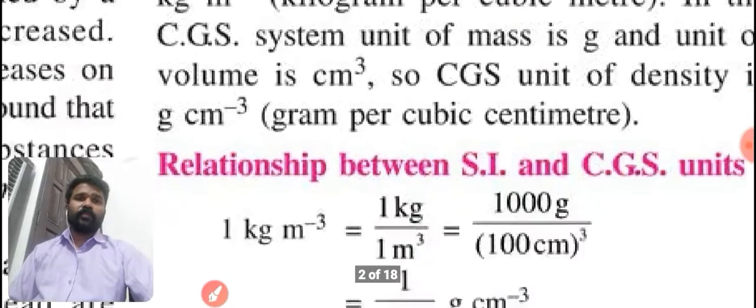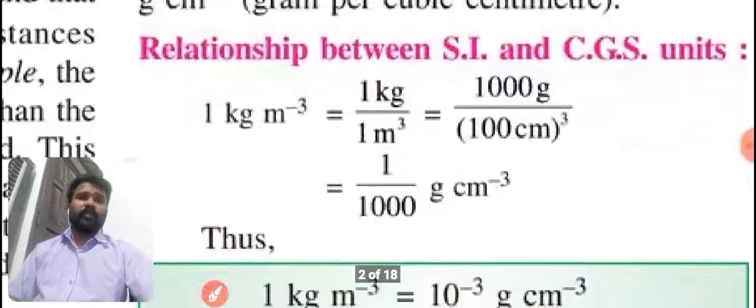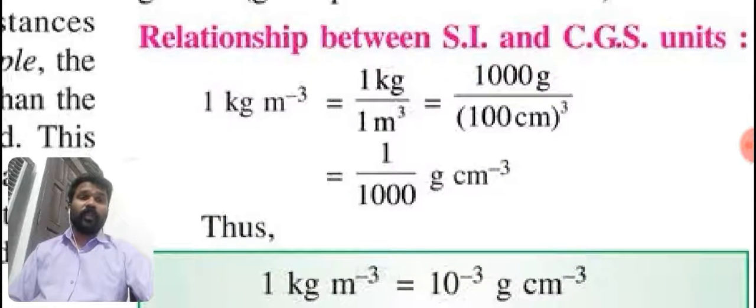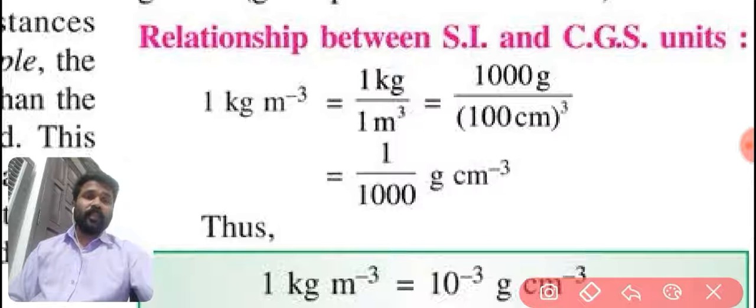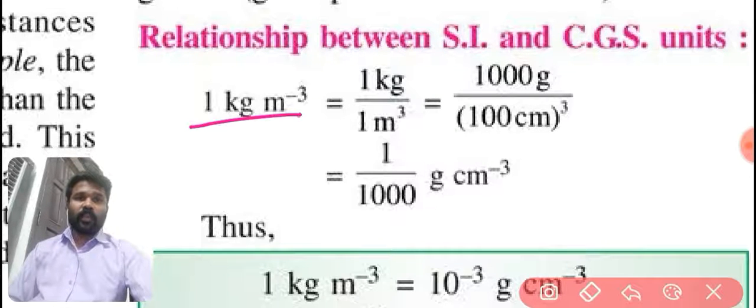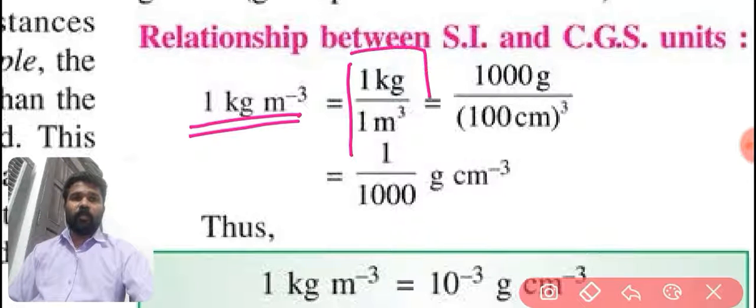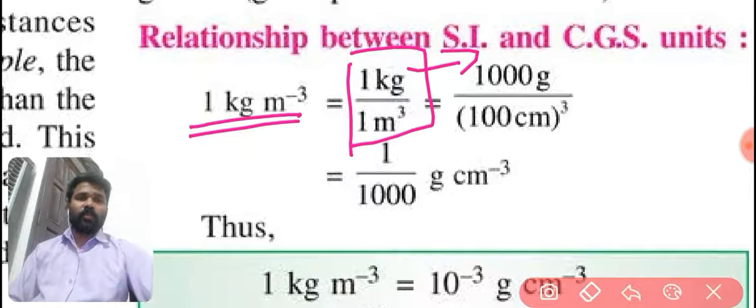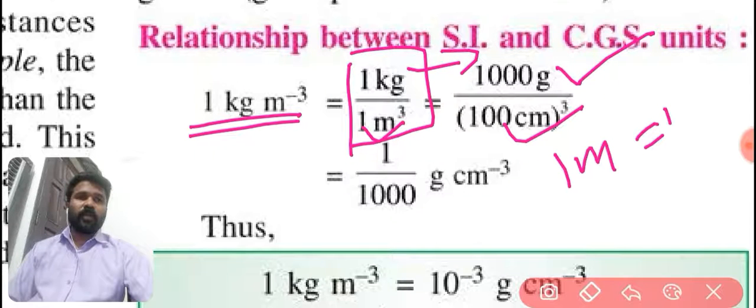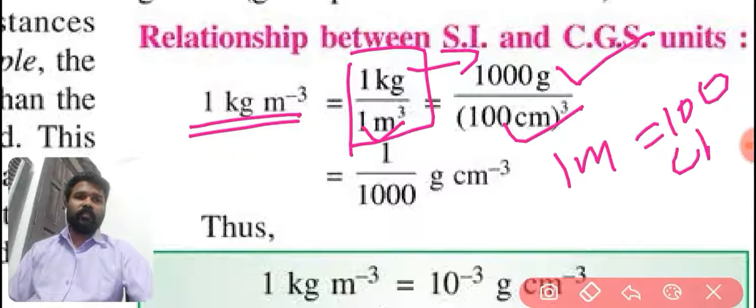Okay students, now we are going to discuss the relationship between SI and CGS units. We know that 1 kilogram per meter cube is equal to 1 kilogram upon 1 meter cube. We know that 1 kilogram is equal to 1000 gram, and 1 meter cube is equal to 100 centimeter cube, because 1 meter is equal to 100 centimeter.